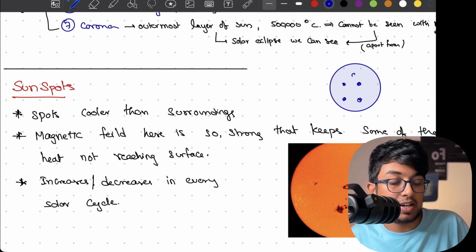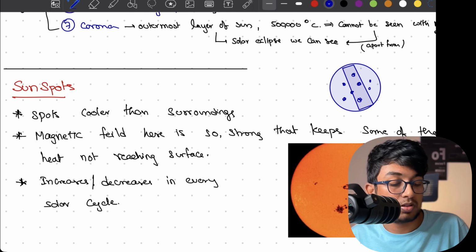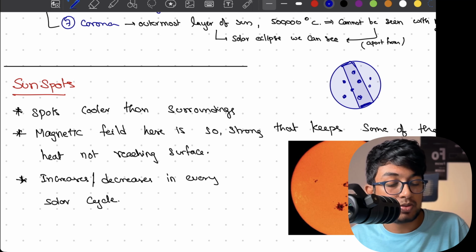These are not fixed anytime. There will be a magnet inside the sun. For example, I am drawing a bar magnet here. Don't take it in a literal sense, it is a general example. Now here the field is strong, consider. Here the field is weak.